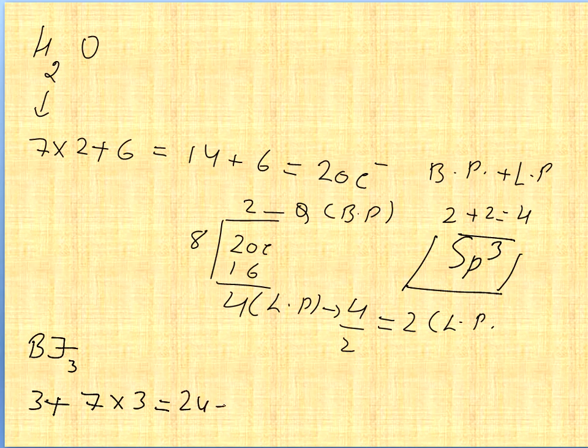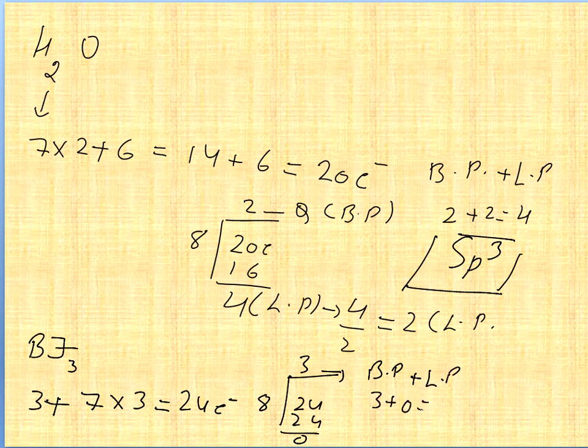Divide these 24 electrons by 8. 8 threes are 24, so the quotient will be 3. So 3 will be the bond pairs and the lone pairs will be 0. 3 plus 0 is equal to 3, so the hybridization will be sp2. Clear guys? This is the simple trick.